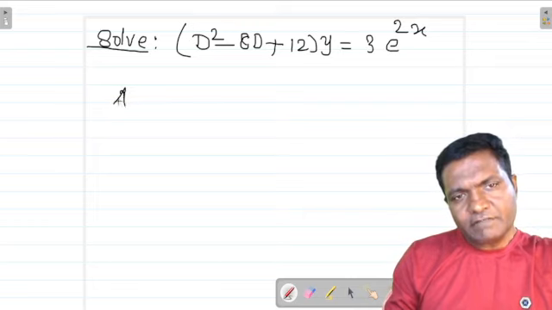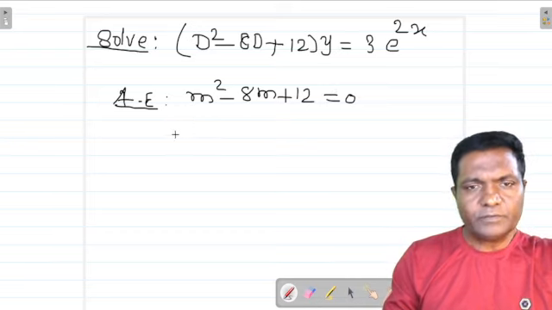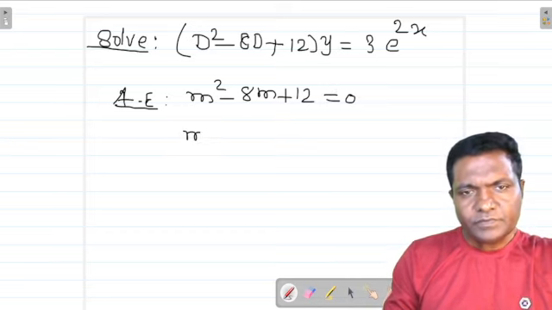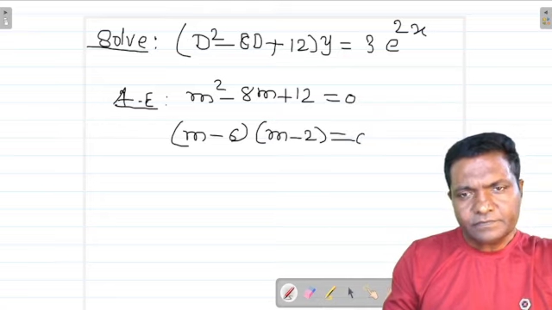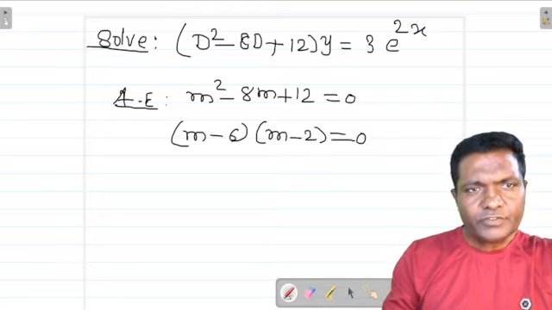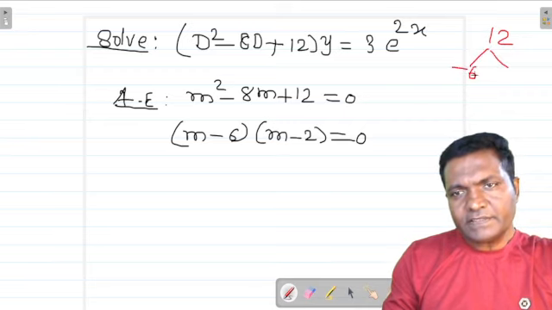So the auxiliary equation is m square minus 8m plus 12 equal to 0. So the factors are (m minus 6)(m minus 2) clearly, because 12 can be broken as minus 6 and minus 2.